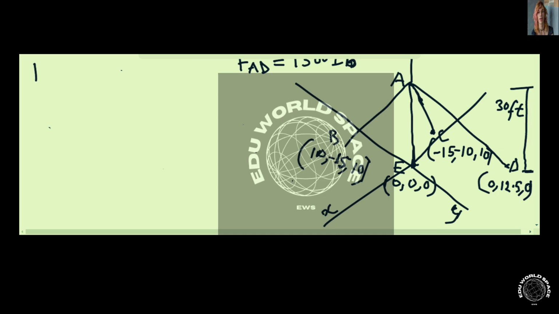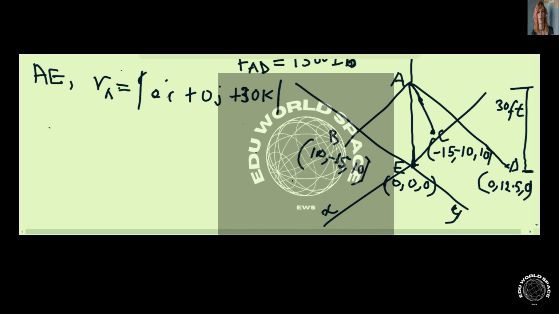So for AE, we know that the position vector RA will be equal to 0I plus 0J, based on the information on the board, plus 30K.